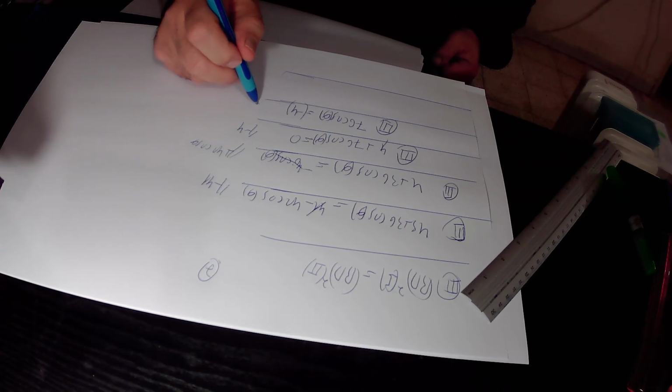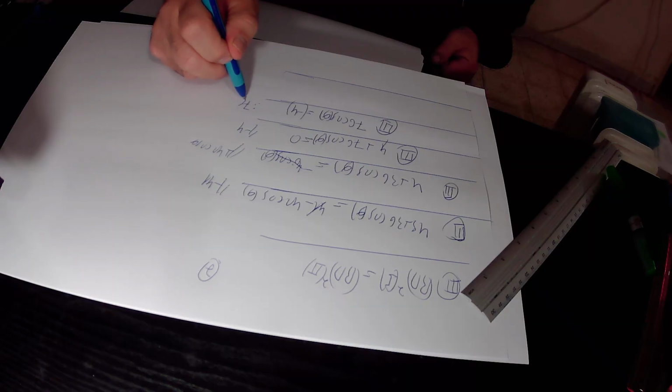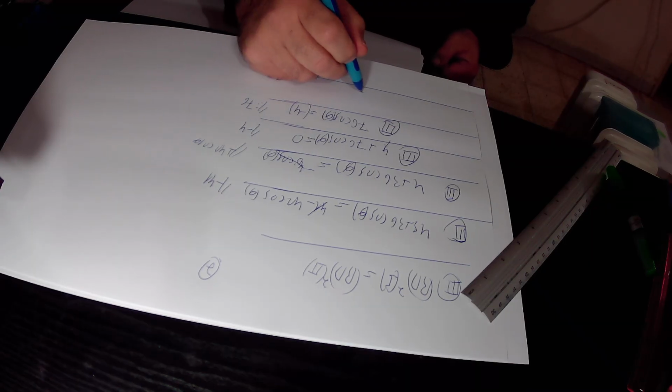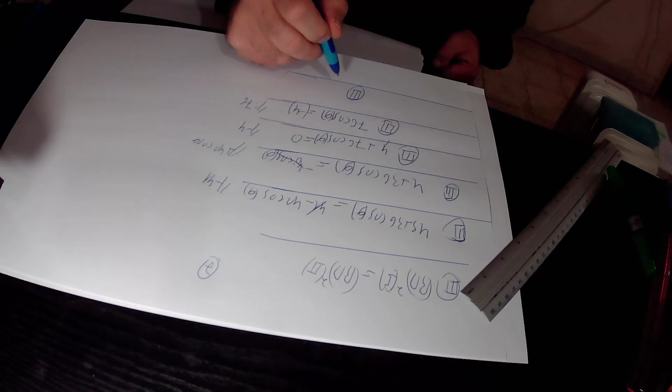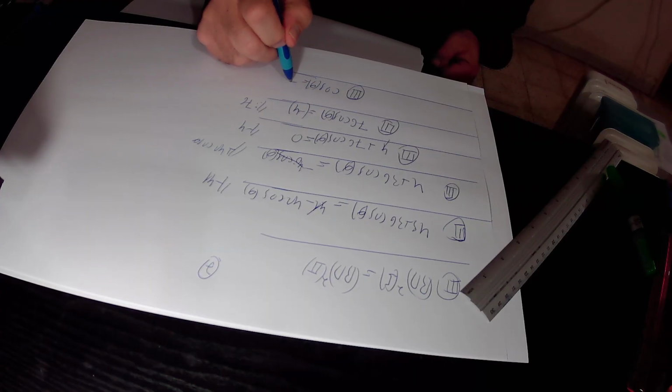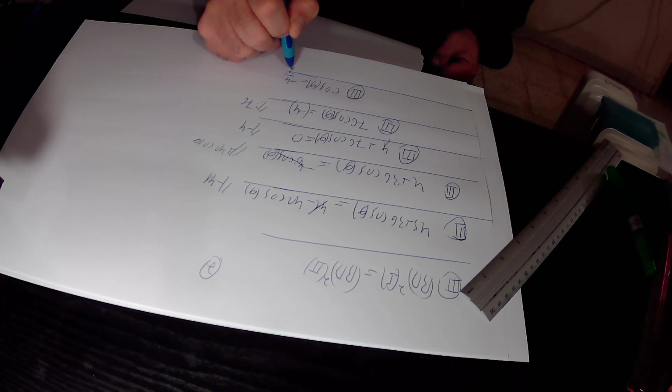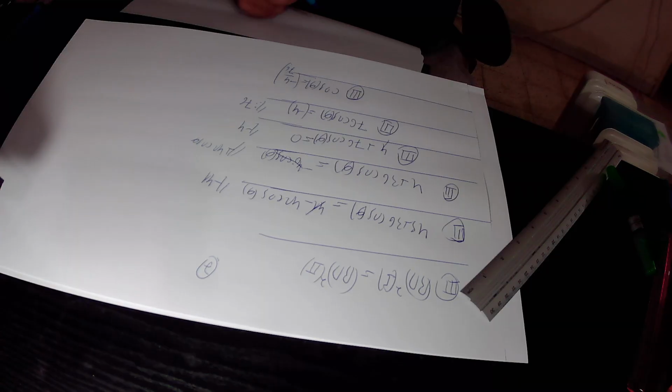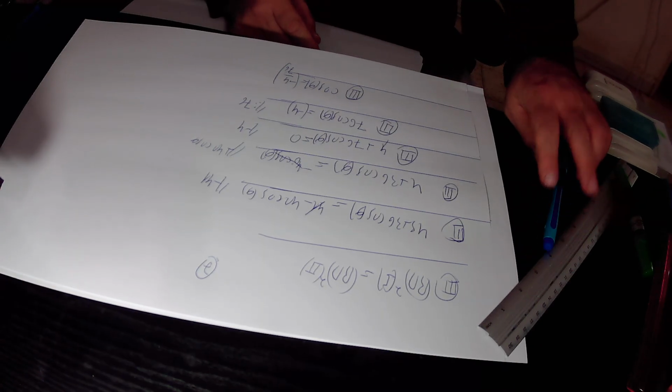Here we divide equation 3 by 76, and finally get cosine alpha equals minus 4 over 76. According to equation 3, cosine alpha equals minus 4 over 76.